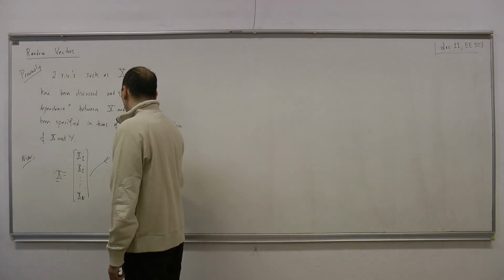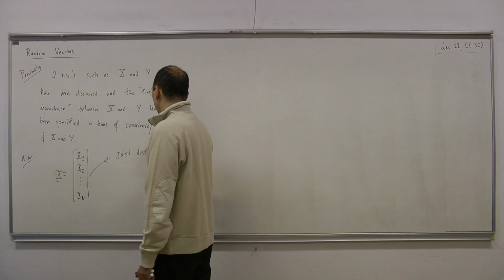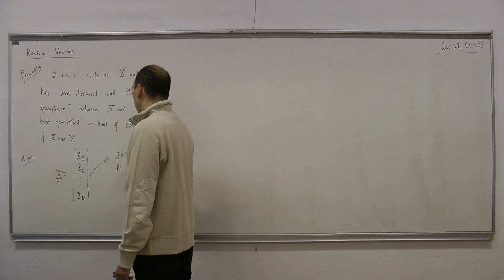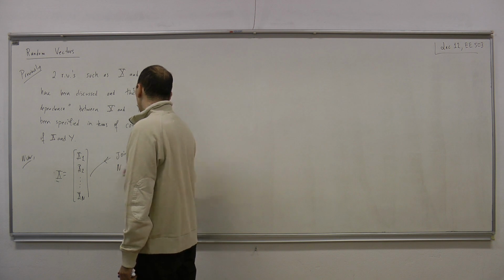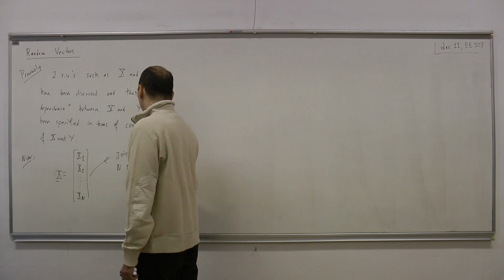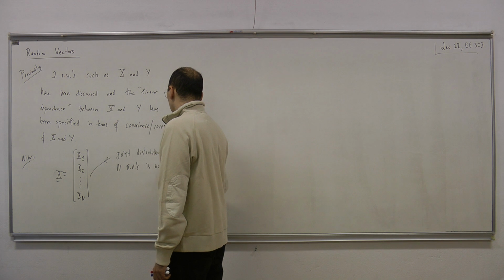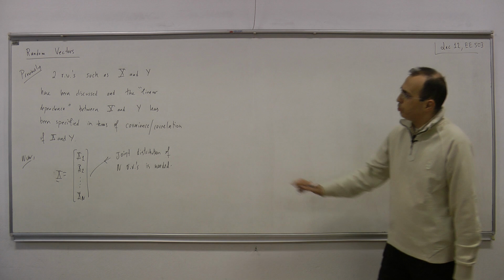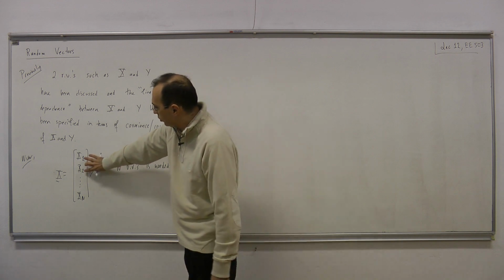Now, the joint distribution of n random variables is needed. Indeed, you are right. If I have two random variables, I need a joint distribution of these two.